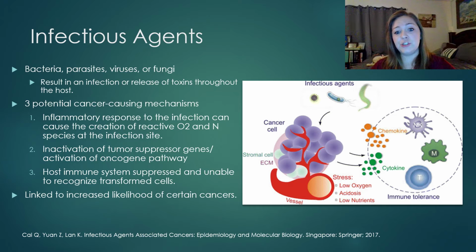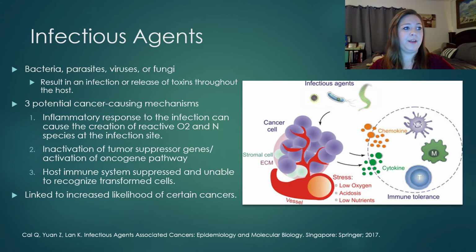The third potential cancer promoting mechanism has to do with the suppression of the immune system and the lack of the body to recognize that there is an invader. So the body fails to recognize the infected or transformed cells due to the influence that the infectious agent has on the host. And if the immune cells can't detect the invader cells or the infectious agent cells that have caused the mutation, they can't begin to attack those transformed cells.